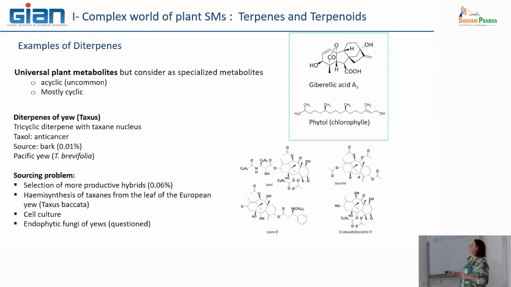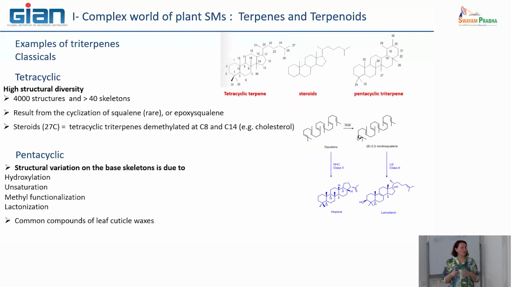Triterpenes. What is interesting is this group, the steroids, that are very important for the control of several physiological activities of the cell. So they need to be produced in a big amount. So it is also a question of how to obtain them. What is interesting is that, in fact, some are linear, some result from cyclization.